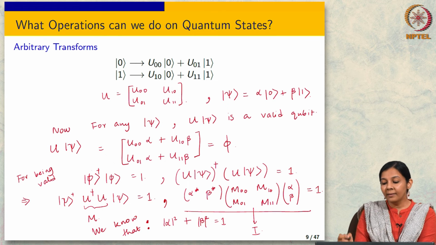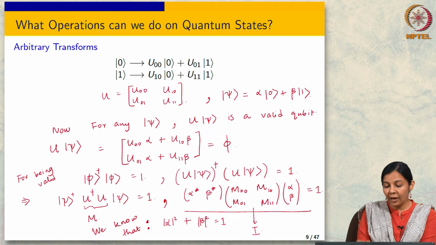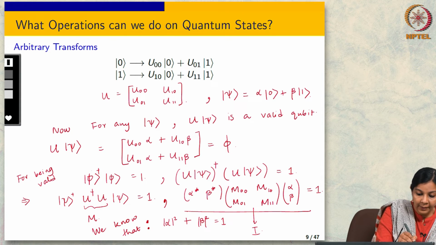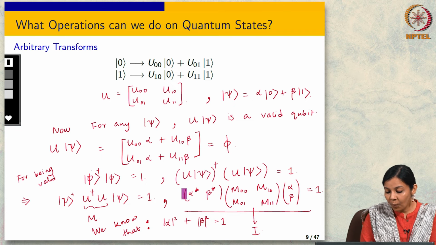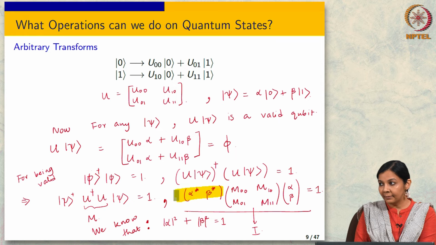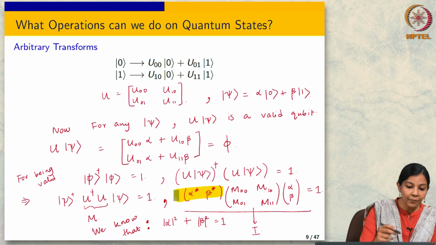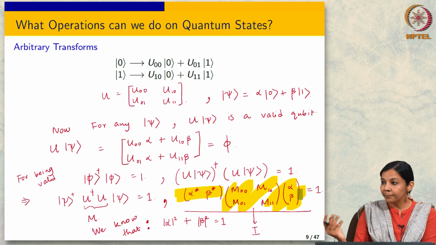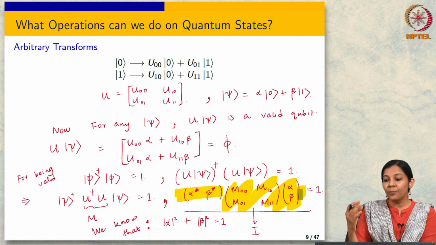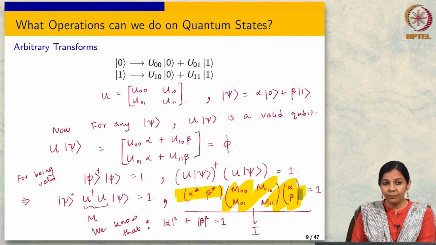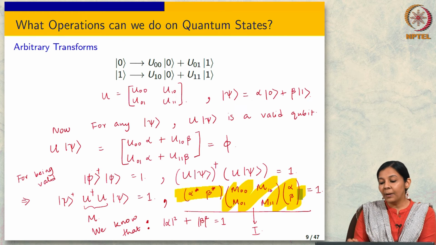Let me try to rephrase what he was saying here. I think he was saying that if I fix this alpha star beta star, then whatever this stuff is should end up as alpha beta the column, because that and that alone will give me a 1, right, and that implies that this matrix should be an identity.